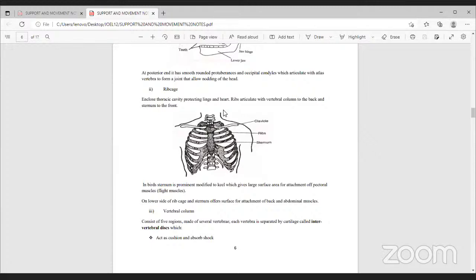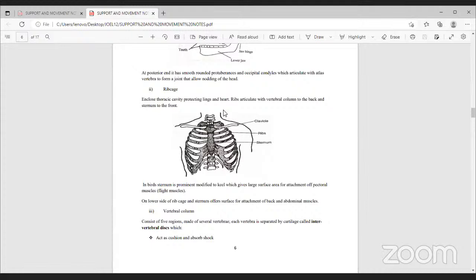In birds, for example, the hen, the dove, etc., the sternum is normally modified to a bone that we call a keel. This keel is important in providing a larger surface for attachment of the pectoral muscles, or what we call the flight muscle.